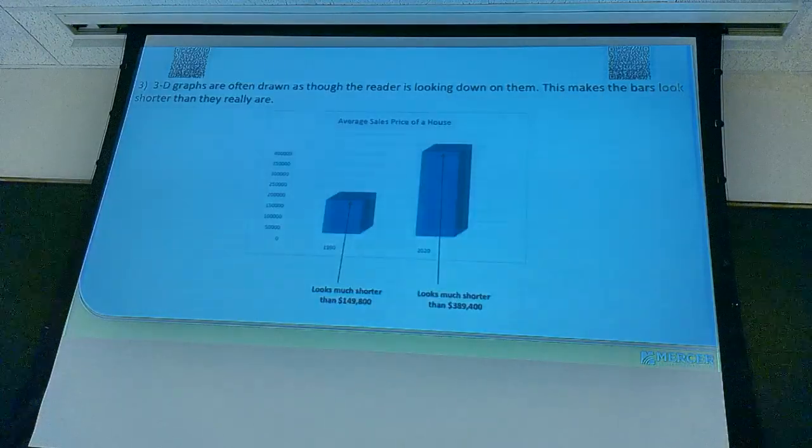Depending on how you pick the viewpoint, it can make things look larger or smaller than they really are. Like I said, as a general rule, just don't use 3-dimensional images.